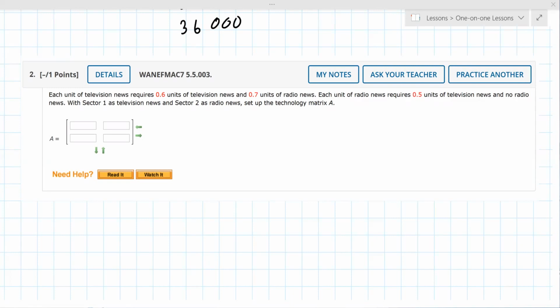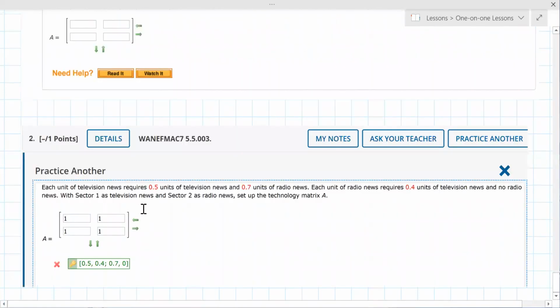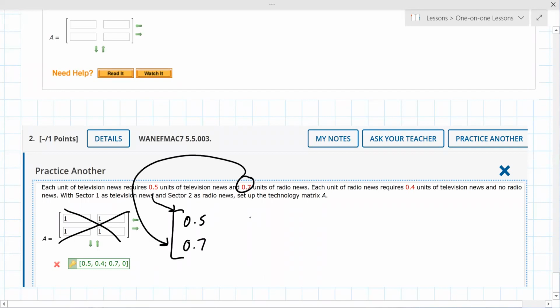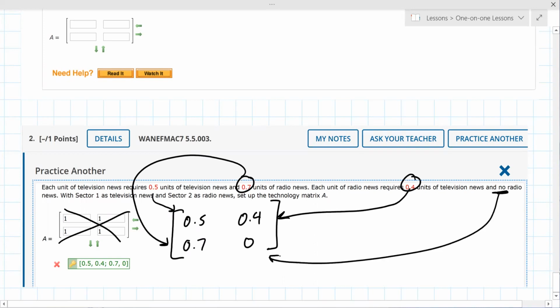So this isn't real helpful. Let me snip this in. So in the practice problem, the 0.5 comes from there. 0.7 is here. Let's see where that comes from. The 0.4 top right, and then 0 is bottom right. So the 0 comes from the fact that it says no radio there.